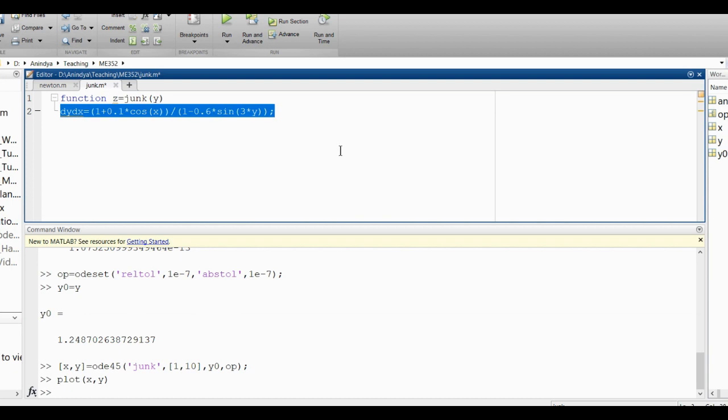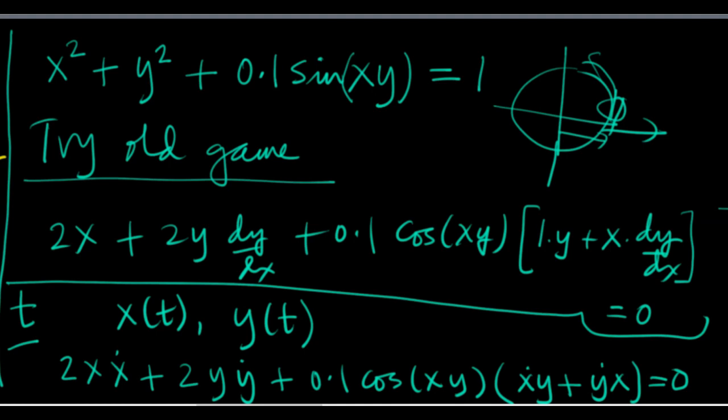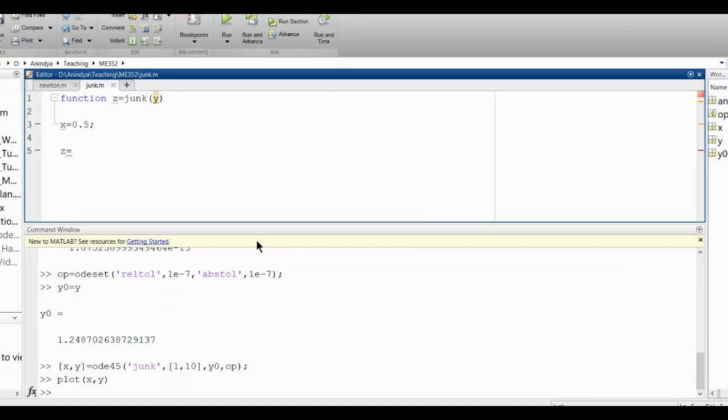So I will come here and I will say x equals 0.5. That's some number, and for that we will try to find y, and what we will say is z is equal to, let's go look at our equation, x squared plus y squared plus 0.1 times the sine of x times y, minus 1.